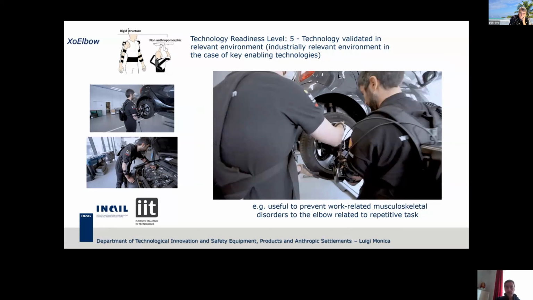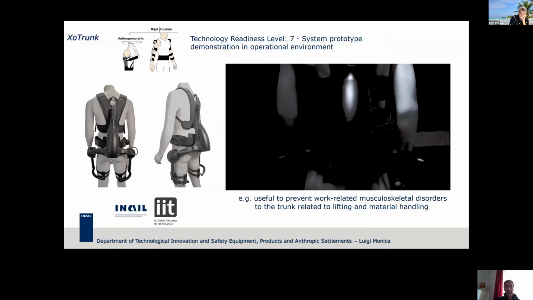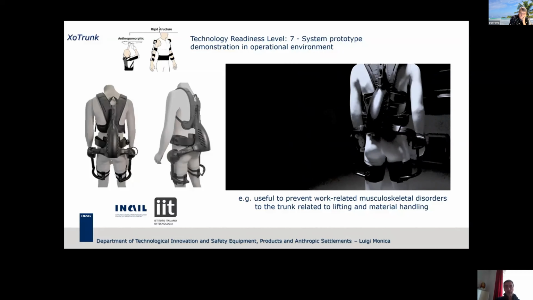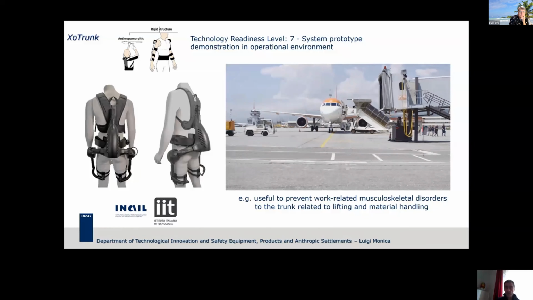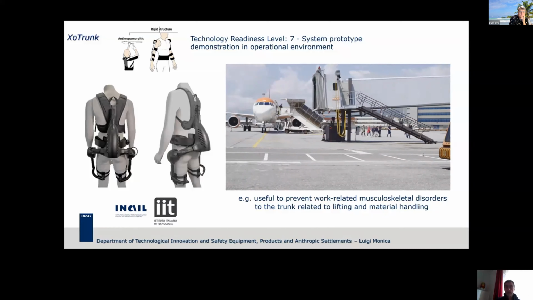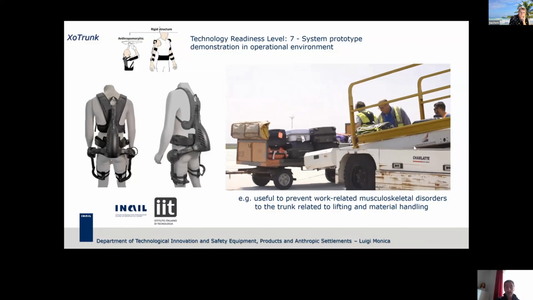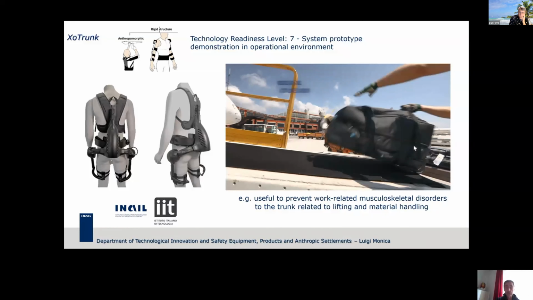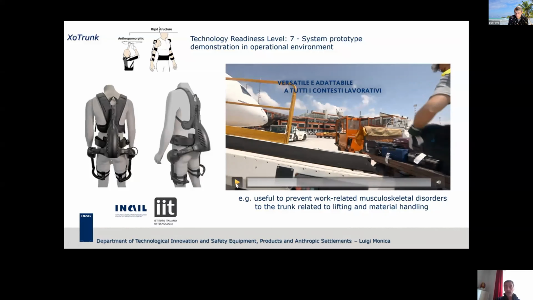In the last video, we present Exotrunk. It is a specific occupational exoskeleton with rigid structure, anthropometric, with active actuation. It is useful, for example, to prevent work-related musculoskeletal disorders of the trunk related to lifting and material handling.